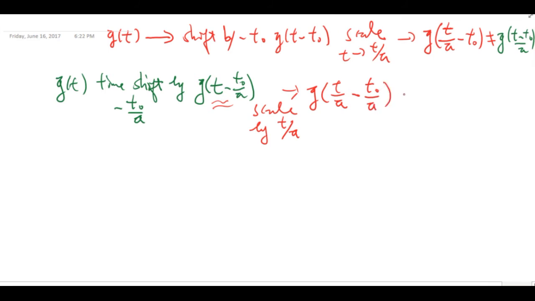Then this is exactly equal to g(t minus t naught over a). Now, this and that one are equal, but this one and this one are not equal. So I'm going to show you how we can actually obtain the waveform.